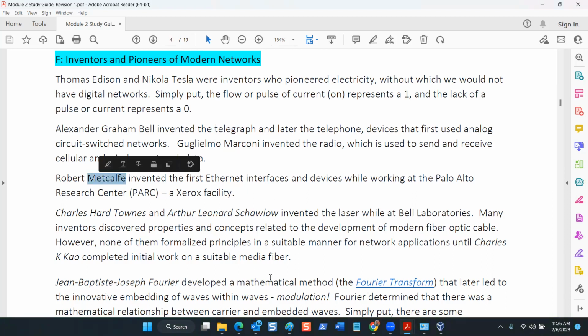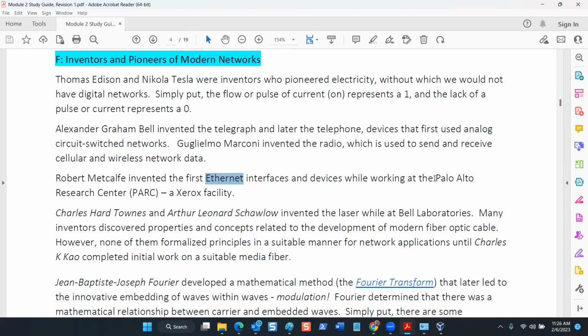Robert Metcalf, or Bob Metcalf, was the one who started working in the aftermath of the first DARPA internet scenarios, and came up with the specifications for the first Ethernet interfaces, the first cable data networks that we know and use today.